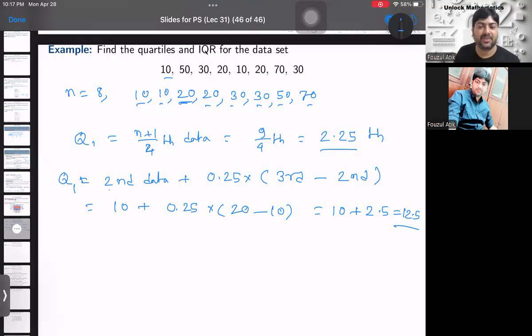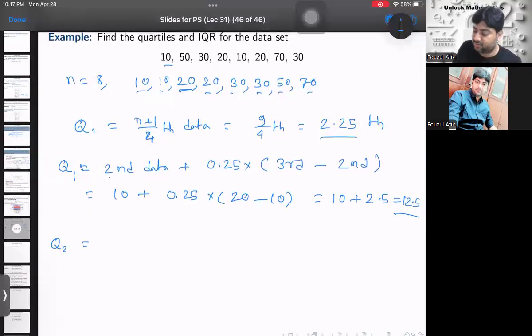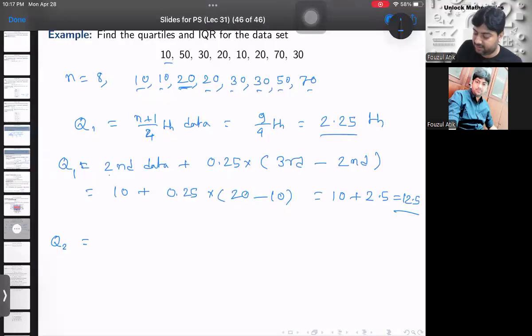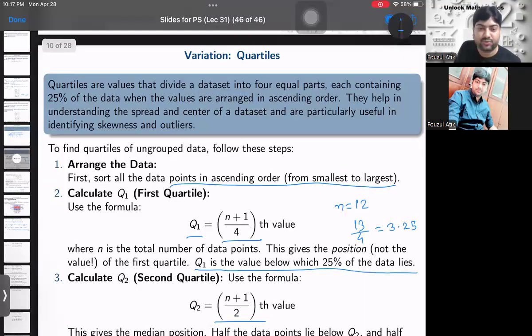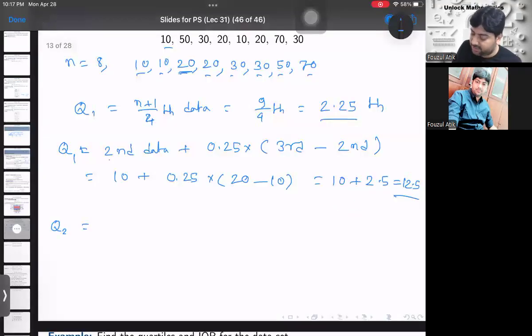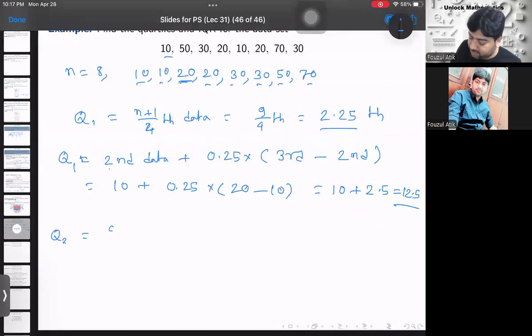I hope it is clear. Now similarly, what is the Q2 value? The formula was (n plus 1) by 2nd value, right? So (n plus 1) by 2 means 9 by 2, that means it is the 4.5th value. Now 4.5 is not an integer, so we have to interpolate again, right?